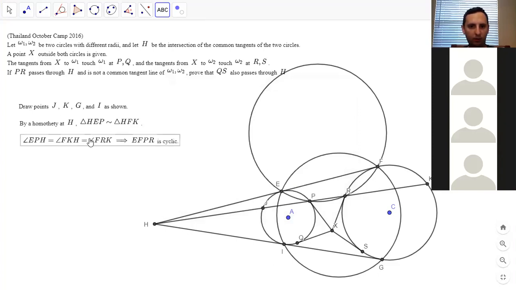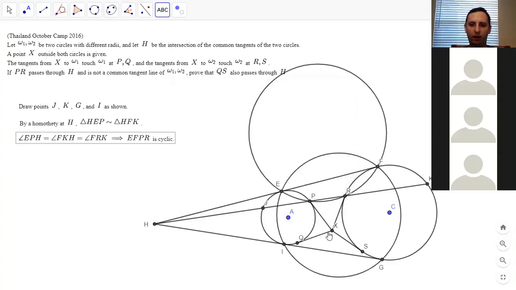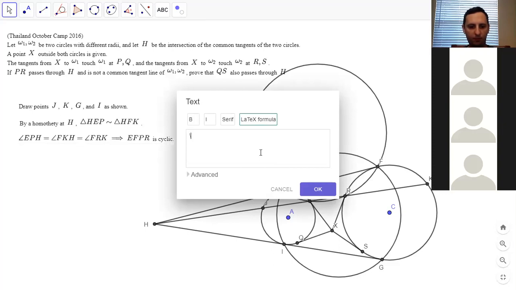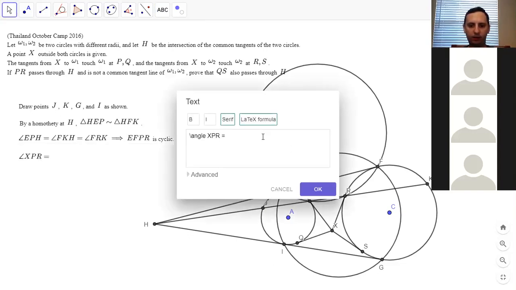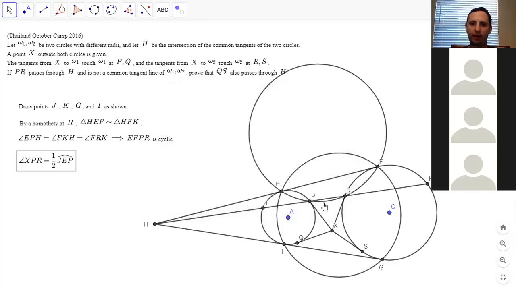And then once we have that, now we can use an angle chase to show that XPR is XRP. So we have angle XPR. That's half of arc JEP because of the tangency. And then by similarity, arc JEP has the same measure as arc RFK.